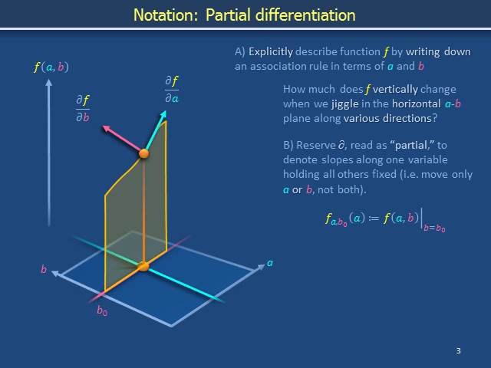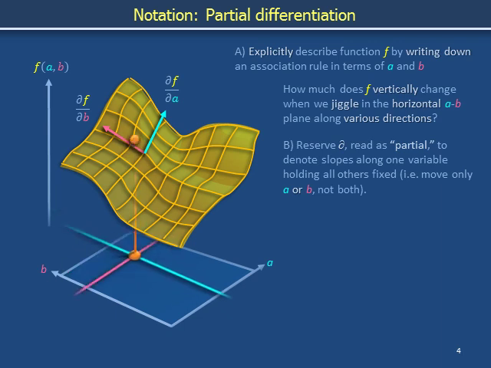A by itself is distinct from a comma b, so the creature f sub a comma b naught of a is not the creature f of a comma b. The derivative of this new object f sub a comma b naught with respect to a is denoted by partial f partial a, parenthetically with b held at b naught, though the location b naught is often suppressed in notation.